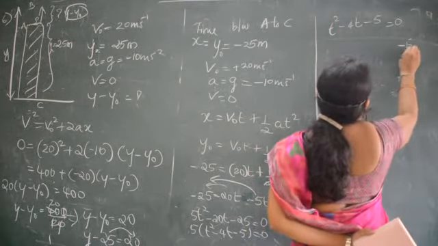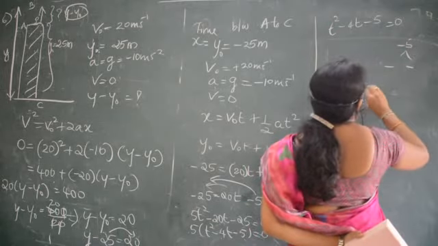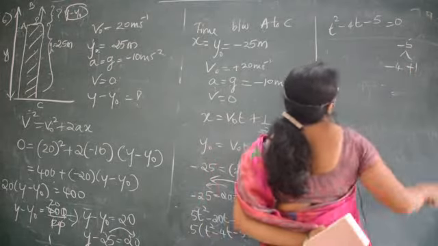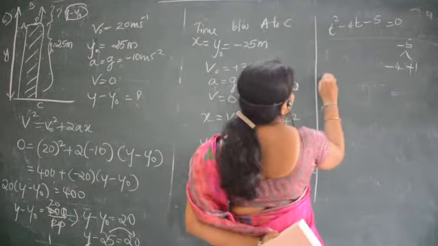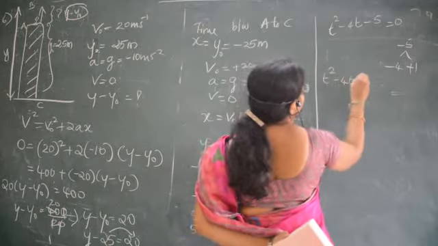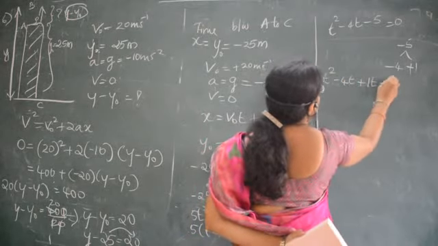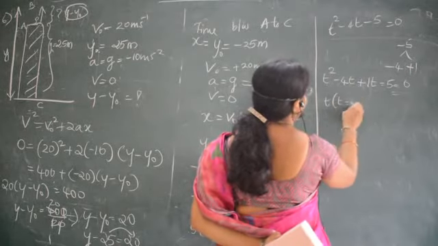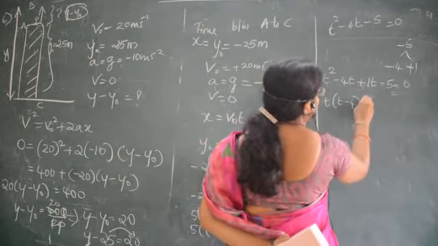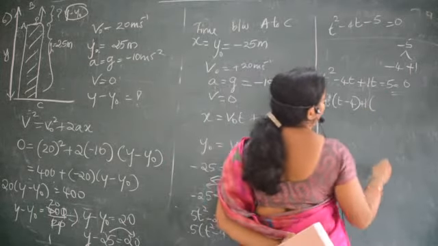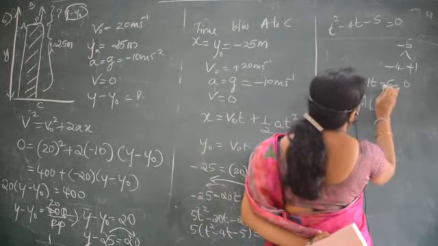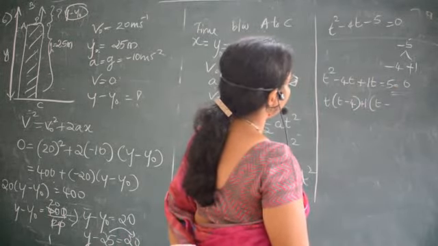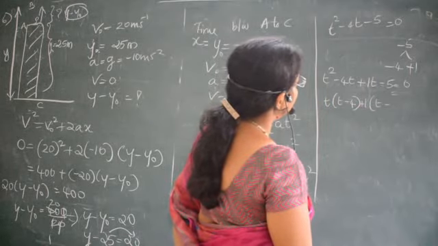Split the middle term. Minus of minus into plus is minus. So I can write t square minus 4t plus 1t minus 5 is equal to 0. T is common, t minus 4... what happened?